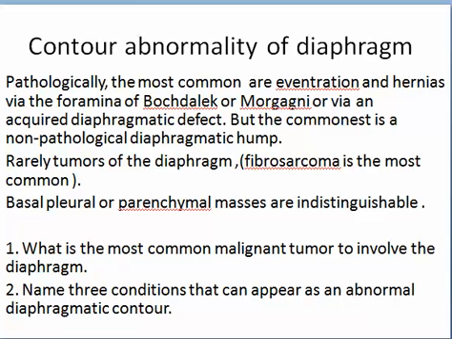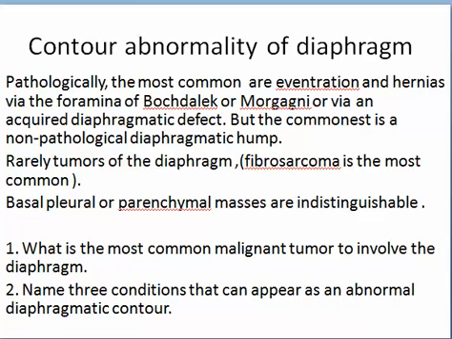Rarely, tumor of the diaphragm; fibrosarcoma is more common. Basal pleural or parenchymal masses are indistinguishable. You cannot differentiate between pulmonary or pleural masses invading the diaphragm. This is difficult. So what is the most common malignant tumor to involve the diaphragm? It is fibrosarcoma.